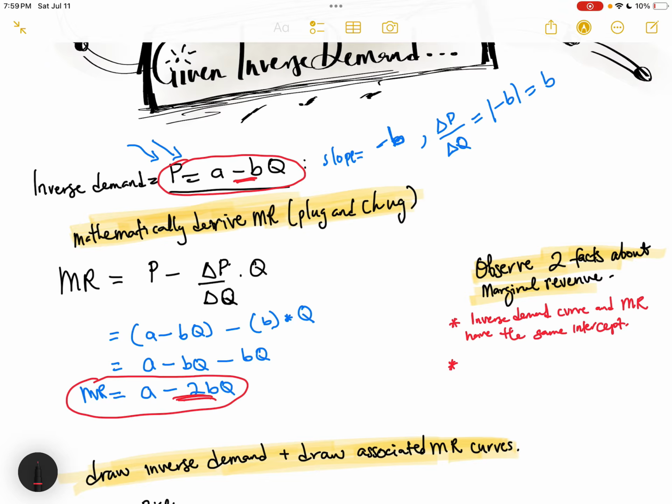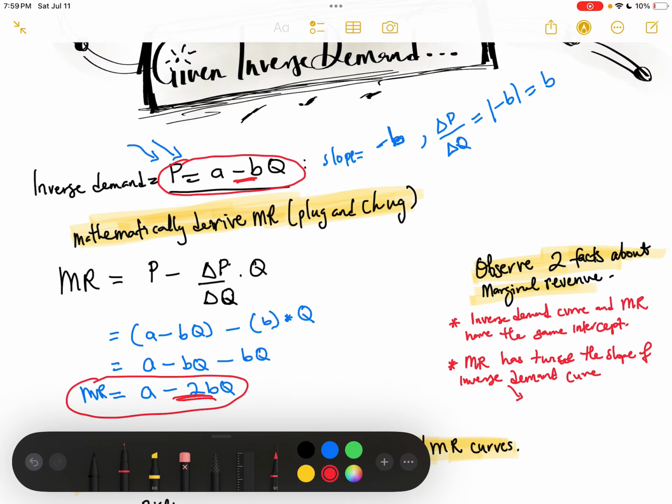And so marginal revenue has twice the slope of inverse demand curve. This means it is steeper.